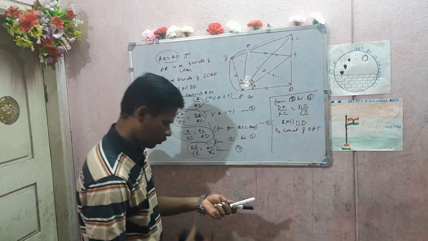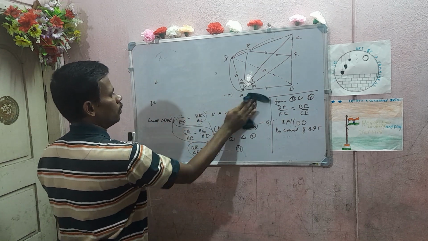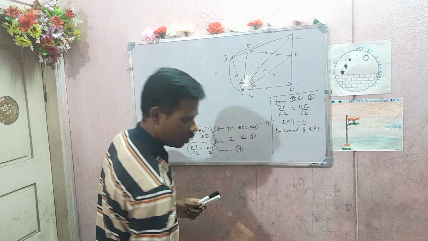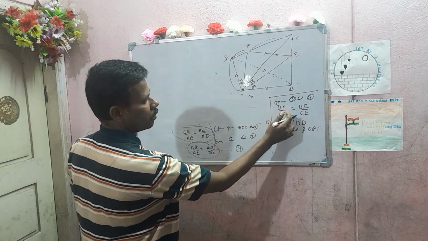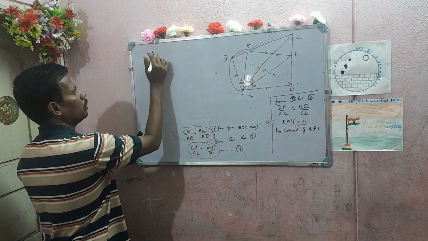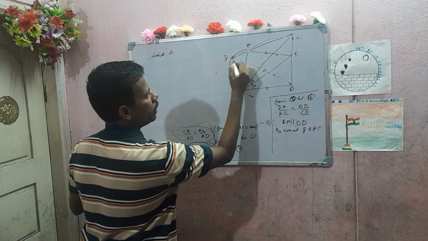Now here, what you have to do? DF by FC is equal to BE by EC. Consider triangle BDC.